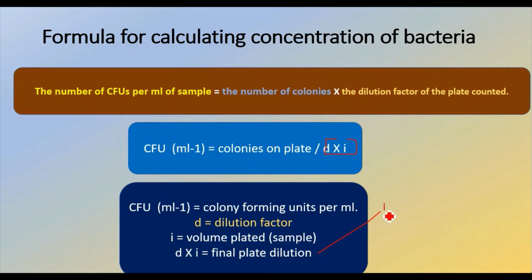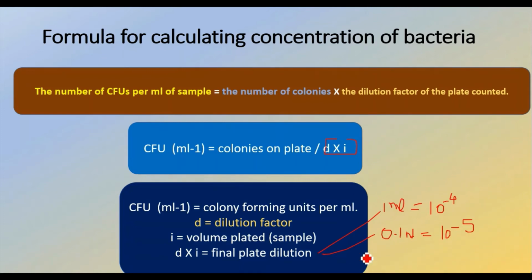So if you take 1 ml of the sample, the final dilution will be 10 to the power of -4. If the sample is 0.1 ml, then you are going to add 1 by 10 more, so that becomes 10 to the power of -5. So this is what you have to remember.